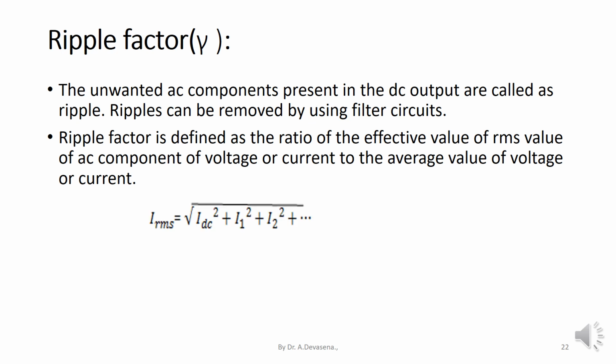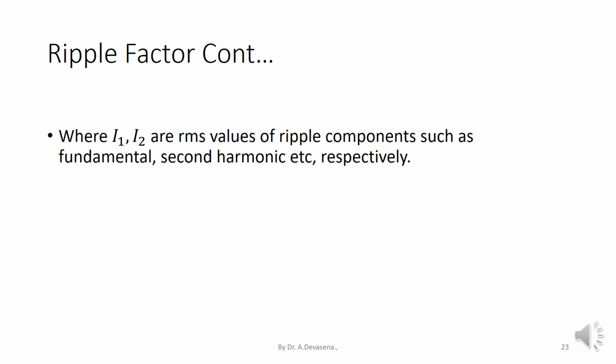That is, IRMS is equal to square root of IDC square plus I1 square plus I2 square, or IRMS is equal to square root of IDC square plus IAC square, where I1, I2 are RMS values of ripple components such as fundamental, second harmonic, etc.